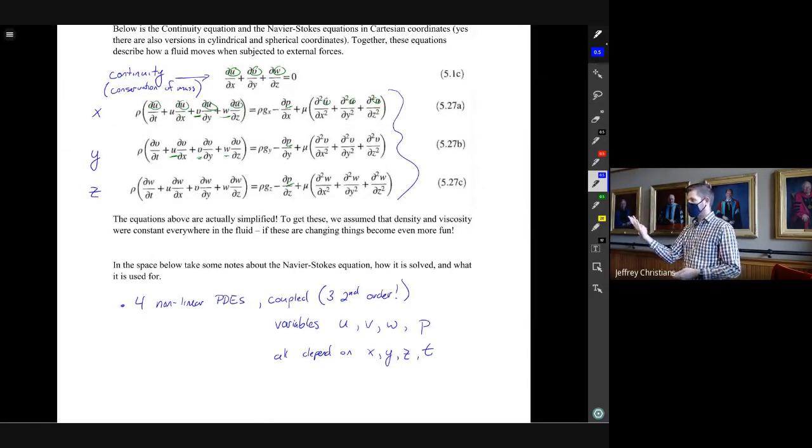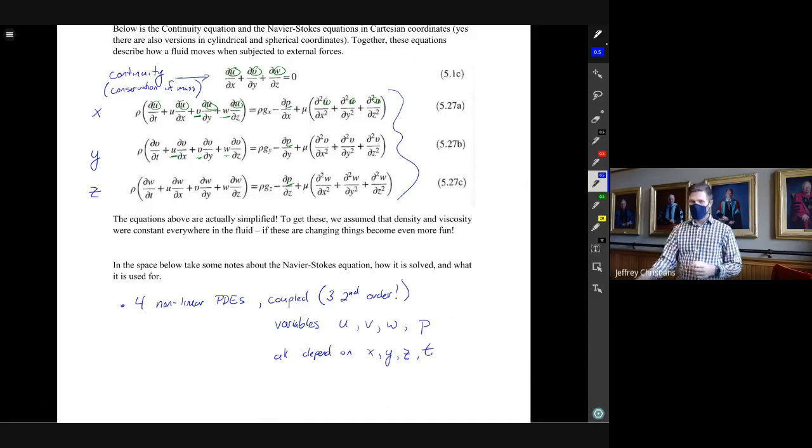So 4 initial conditions. You need 2 boundary conditions for each spatial variable. So for X and Y and Z, you need 2 boundary conditions for each. So you need 6 boundary conditions for U, 6 for V, 6 for W, and 6 boundary conditions for pressure.